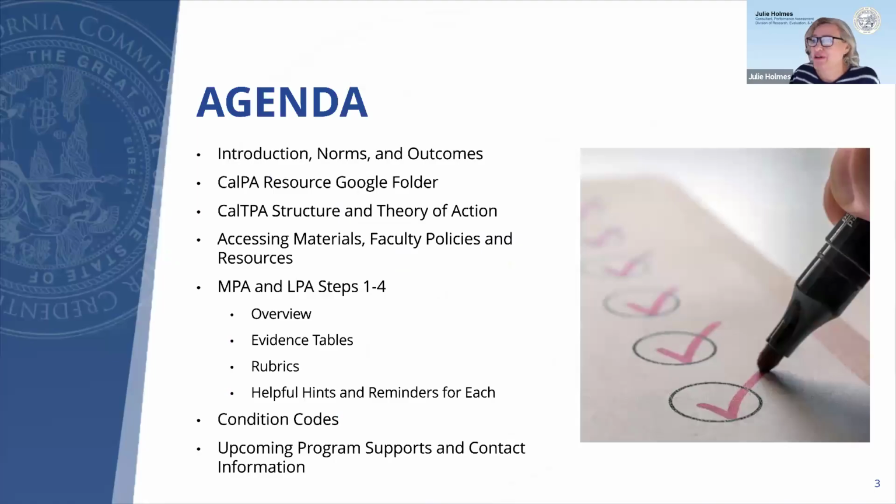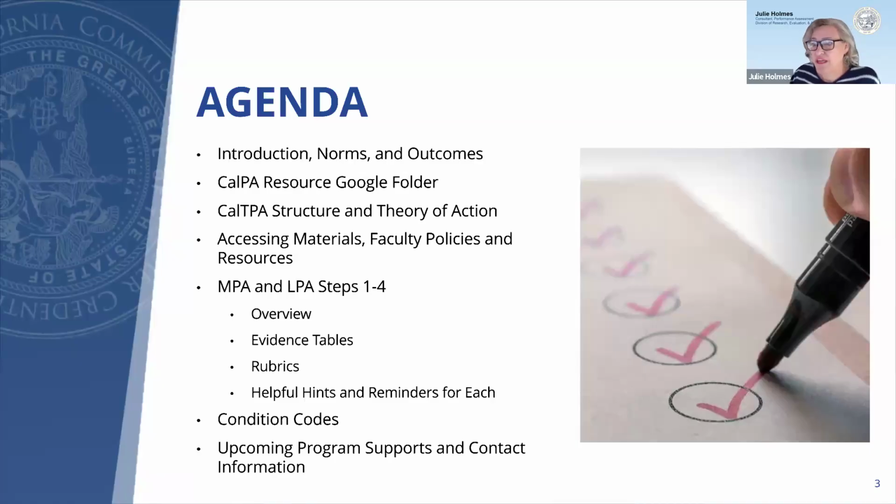Our agenda for today, we're going to start with introductions, norms, and outcomes. We'll move into our resource Google folder for you. We will talk about the CalTPA structure and theory of action. We will talk about accessing materials, which is top on the list, some of the faculty policies, as well as resources.